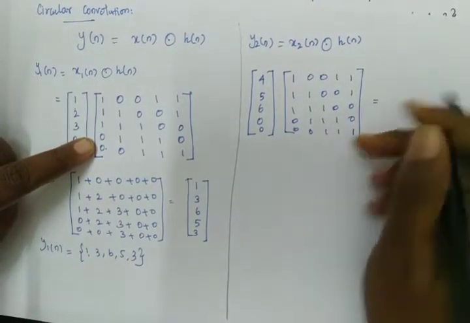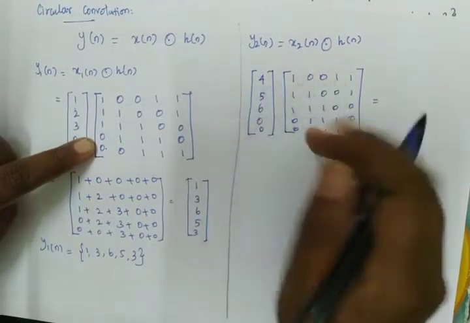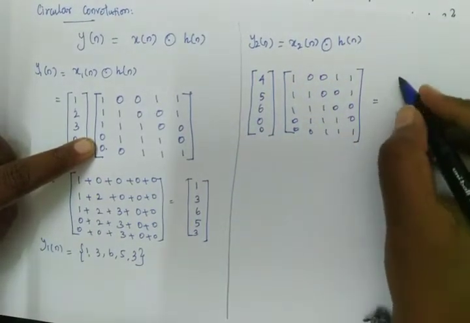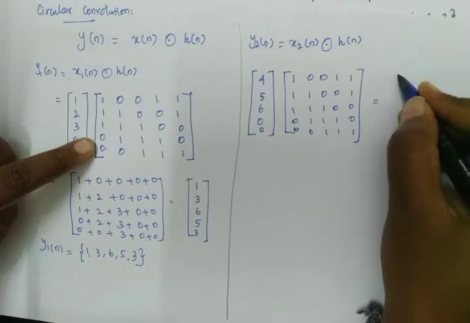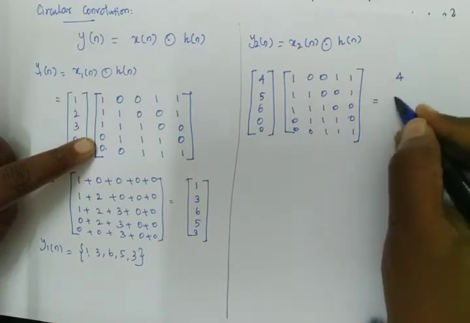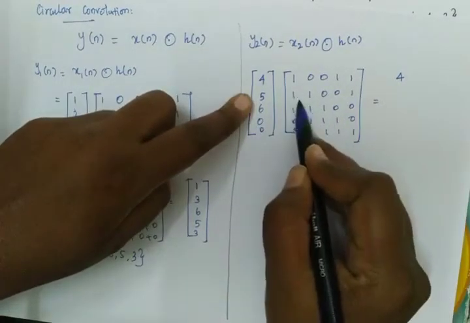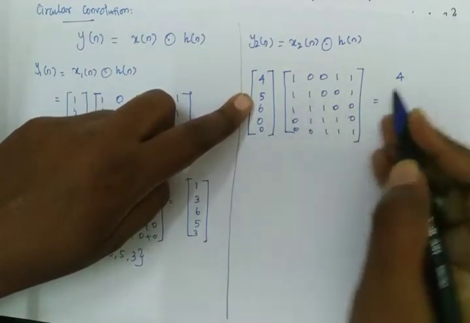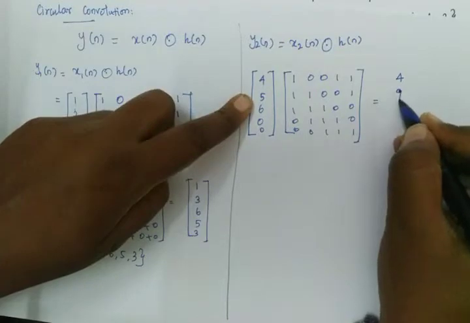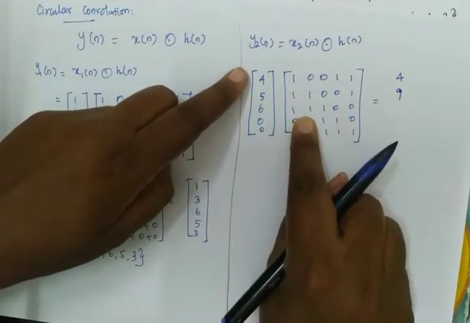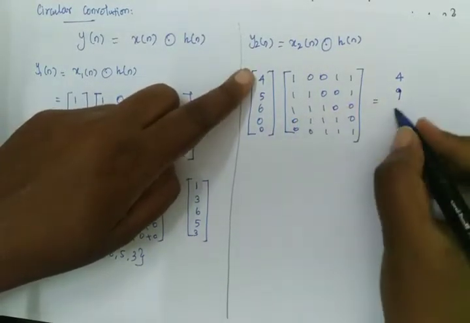So after circular convoluting, that is after multiplication, we will get here 4, because only 1, 1 here, remaining will be 0. Then here we have 4 plus 5, so that is 9. And here it is 4 plus 5 plus 6, so 15.